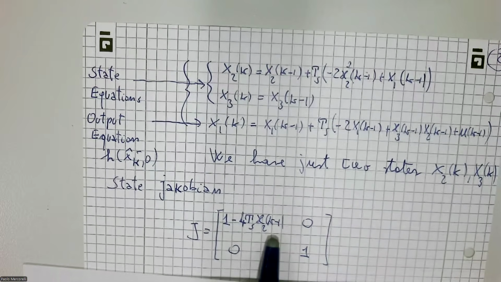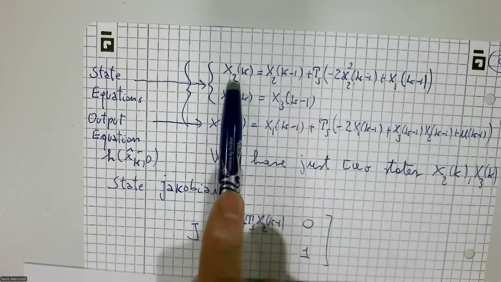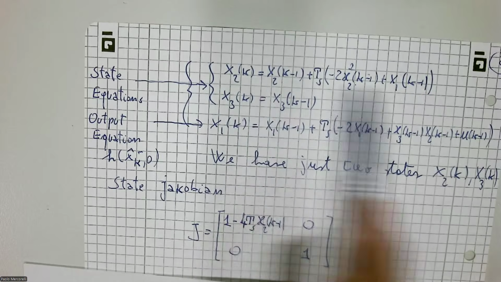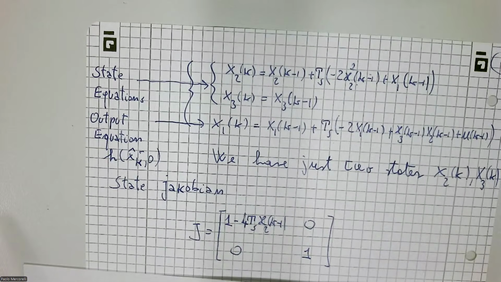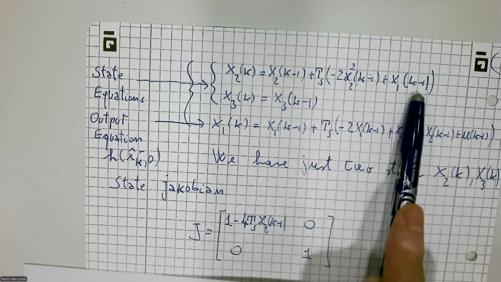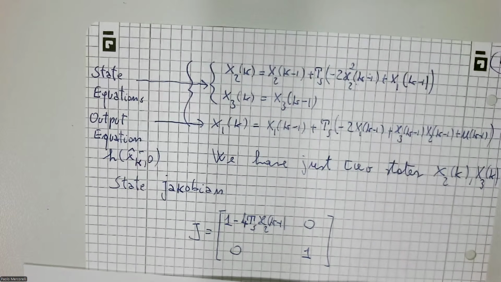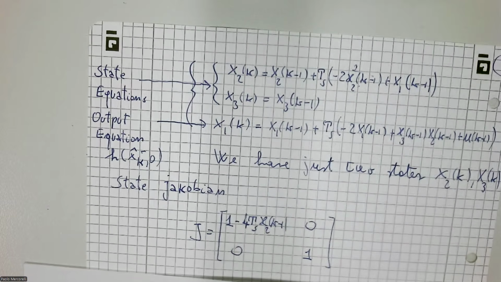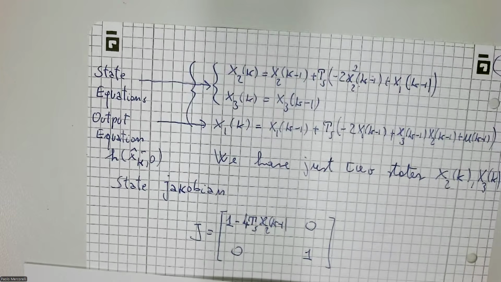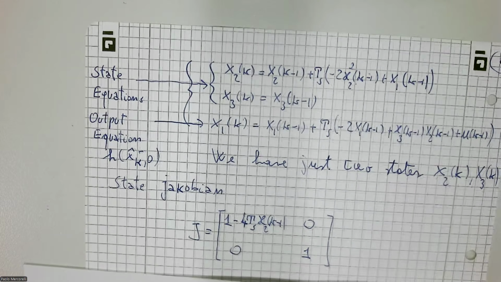This element here is the derivative of x2 of k, this means of this expression here, with respect to x1. Look, with respect to x1, there's an error here. No, excuse me, with respect to x2. Because x1 is not a state variable, please, sometimes I make mistakes too. x1 is an output variable.